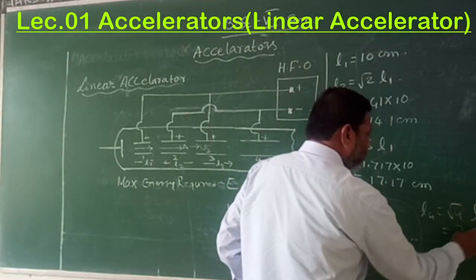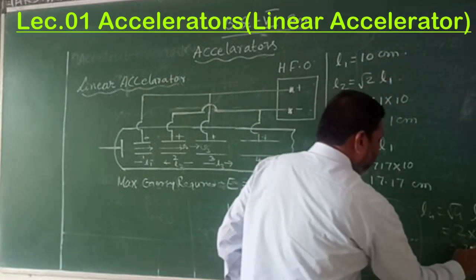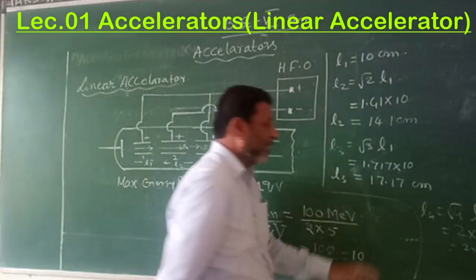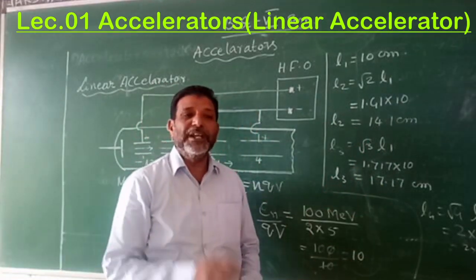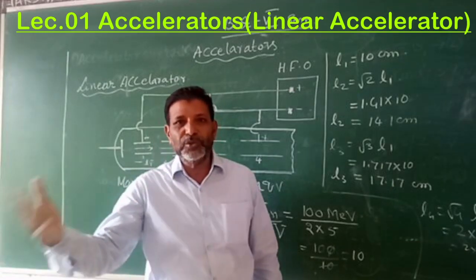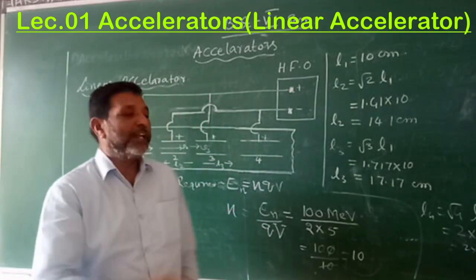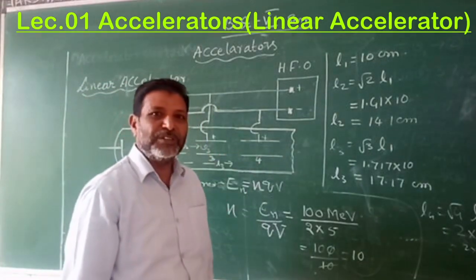Root 4 means 2 into L1, that is 2 into 10, equal to 20. Like that you calculate. If you require 10 tubes, then select the first tube length, then calculate the second, third, fourth, fifth, and so on up to 10. Then you arrange all those 10 tubes in this order.